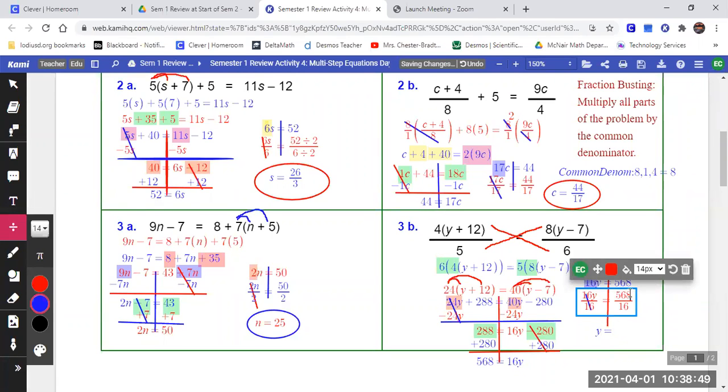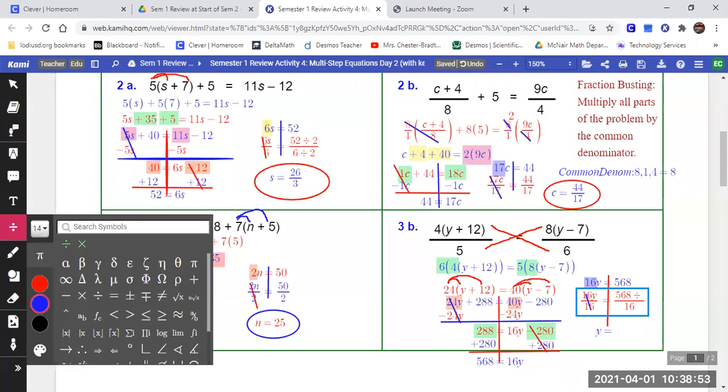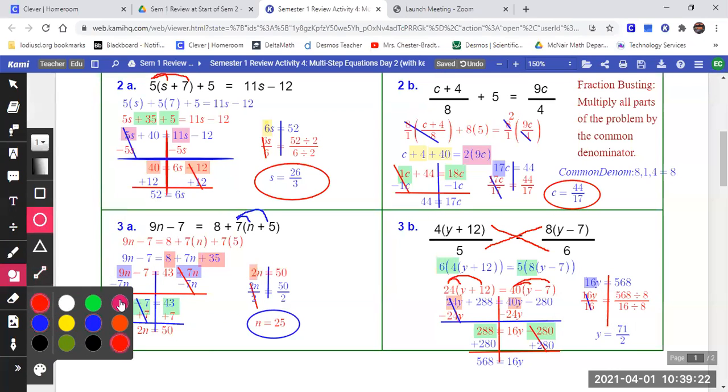Then we can divide 568 by 8 and make it simpler form. And divide 16 by 8 to make it simpler form. And what would the fraction be if we did that? What would the simpler fraction be? 71 over 2. Thank you. And that would be done.